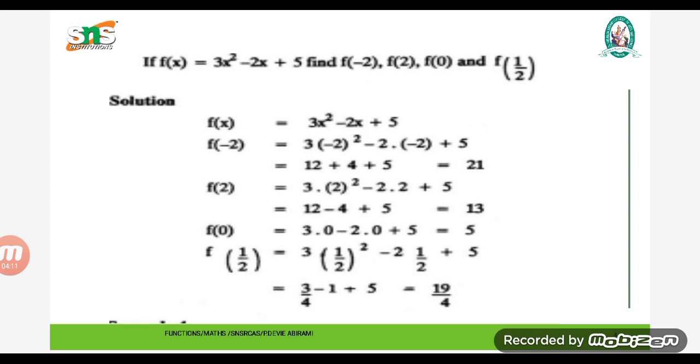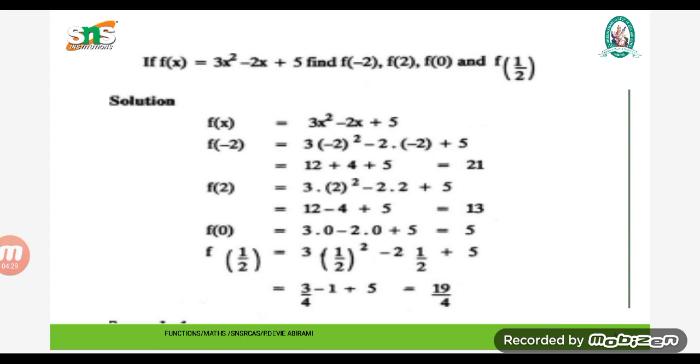If I square minus 2, I get 4. So 4 3s are 12. Minus into minus is plus, 2 2s are 4, plus 5. If I total all the numbers, I get the value 21. So if I give minus 2, I get the answer as 21.